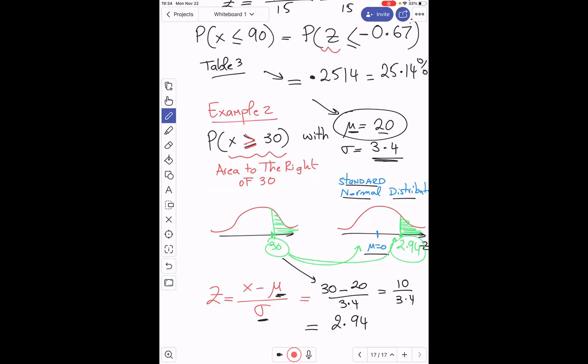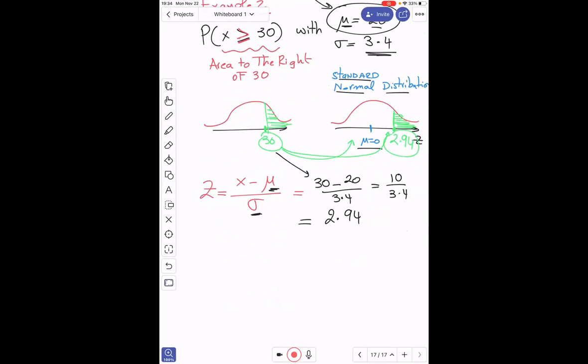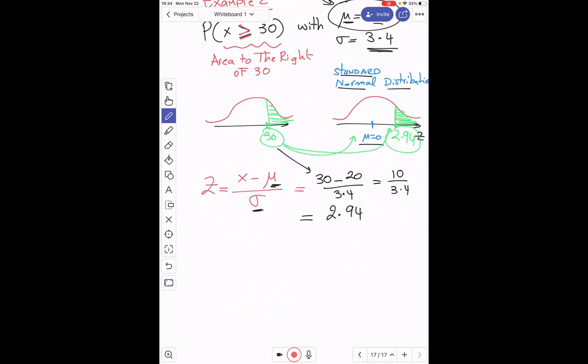So in other words, the probability that x is larger than 30 is the probability that z is larger than 2.94. So this is to the right, so it's not to the left.